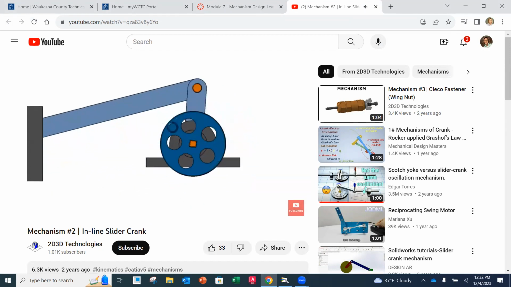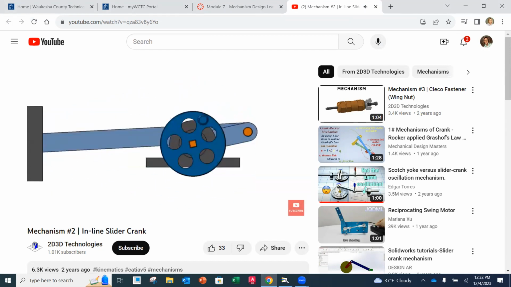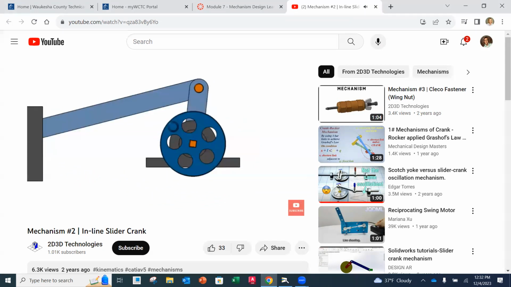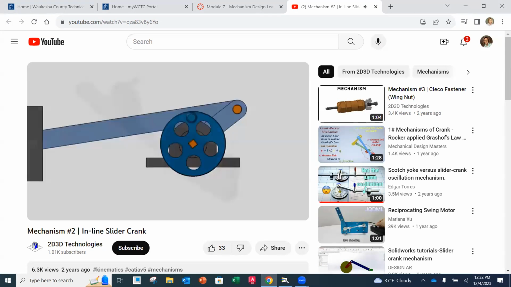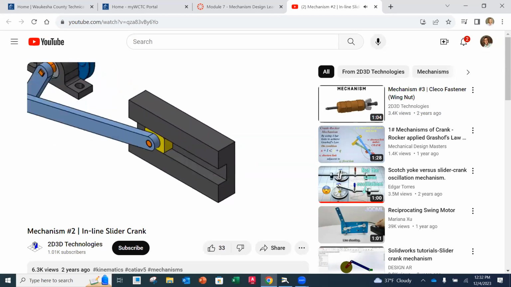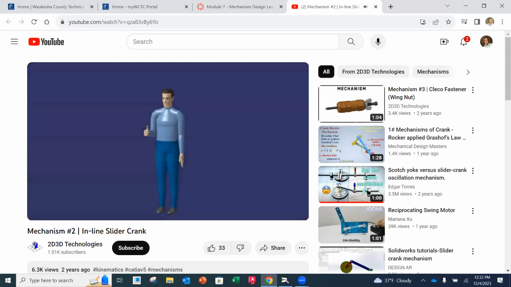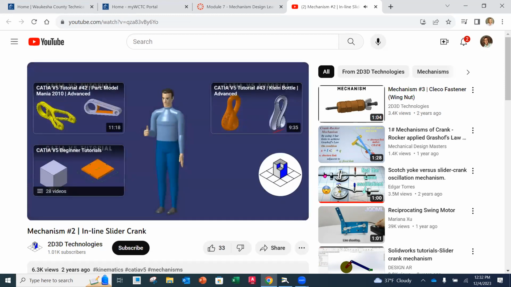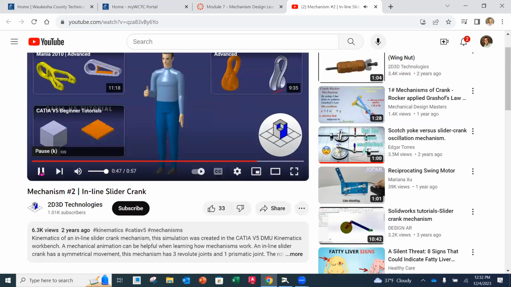So this is an inline crank slider application. Timing wise, you can see that it's the same amount of time that goes forward and back. So I'm going to stop that one.